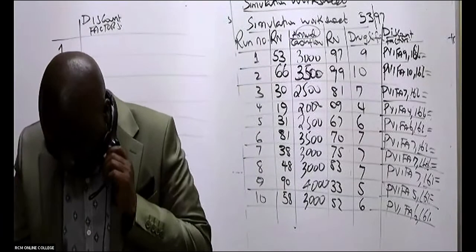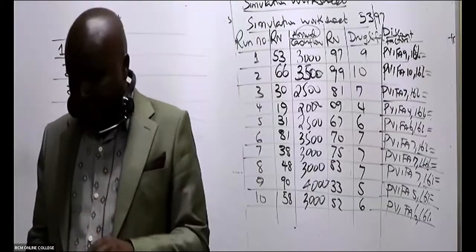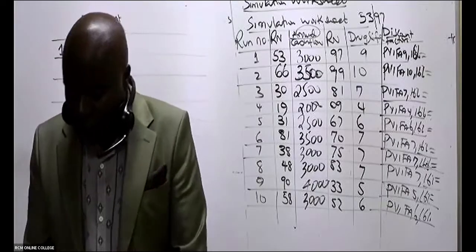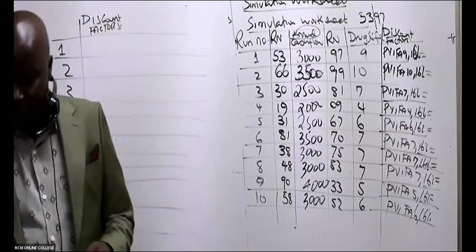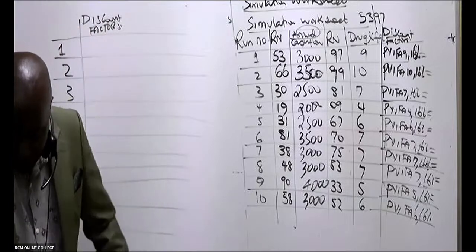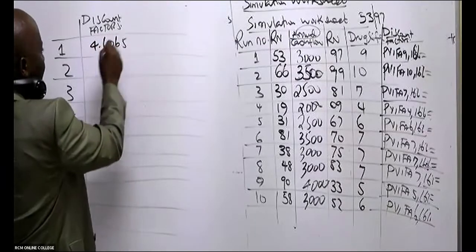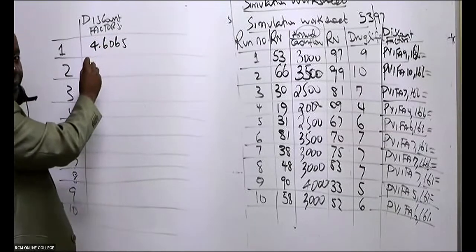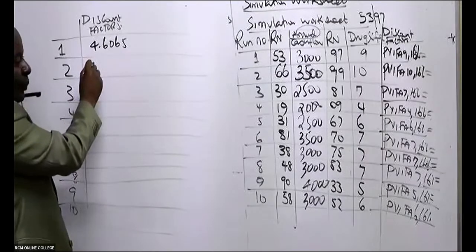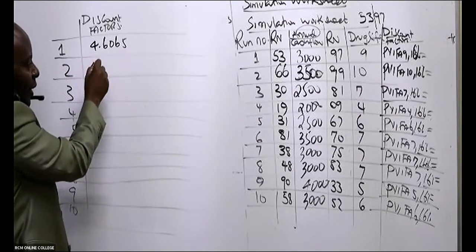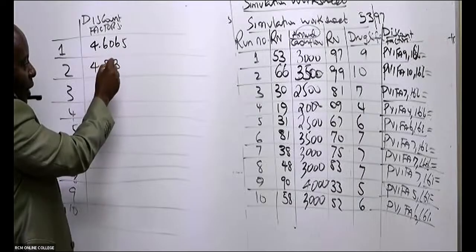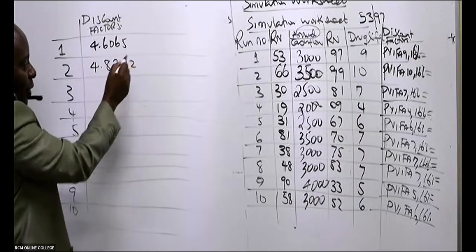Okay, so Lincoln has given me 4.65, the first one. Is there somebody who is able to get that number? How about the second one? 4.8332.